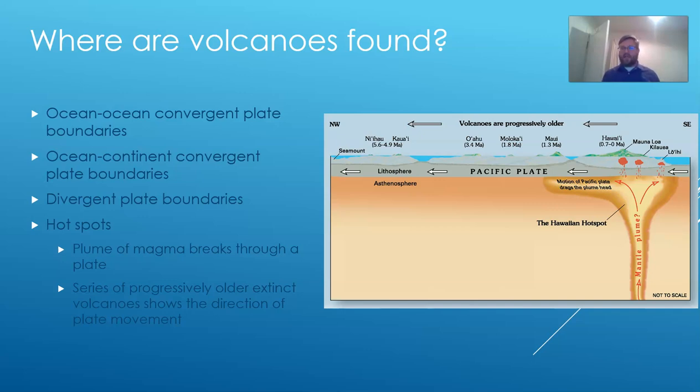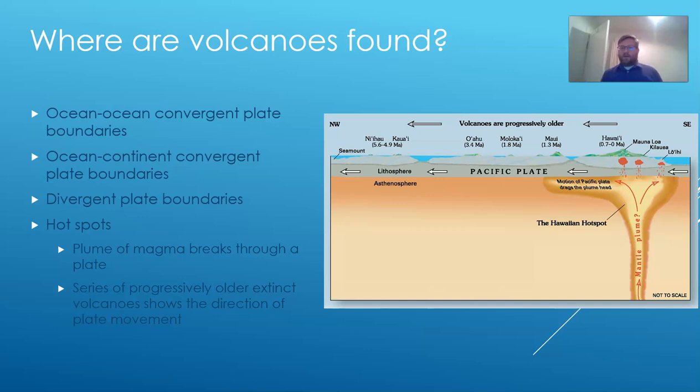So those are the only volcanoes in Hawaii that are really still active. And they've been going, as the diagram says there, since about 0.7 million years ago. So 700,000 years ago, these volcanoes began to become active.